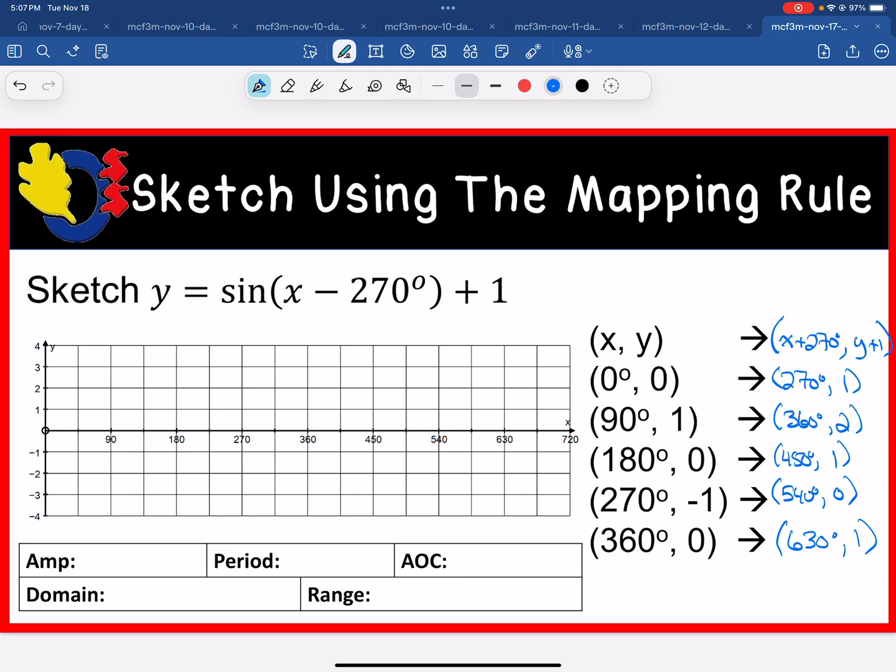Okay, so the amplitude is 1. Period is 360. Y equals 1. Oh, I guess I should sketch this in here. 270 and 1. 360 and 2. 450 and 1. 540 and 0. 630 and 1. Okay, and then the pattern continues, right?